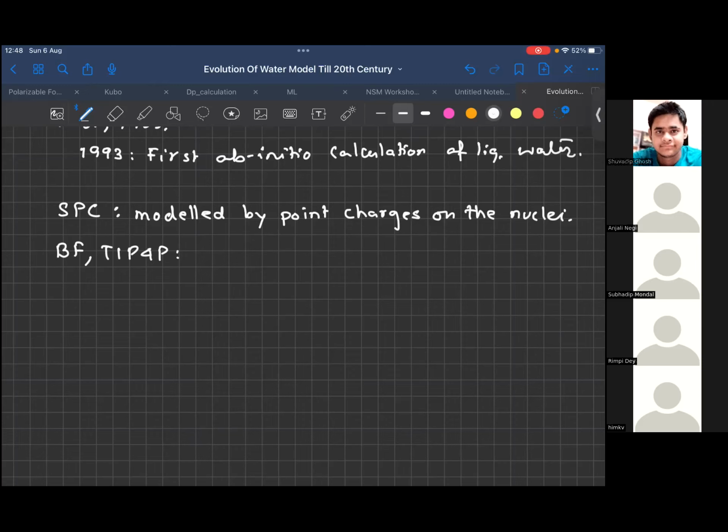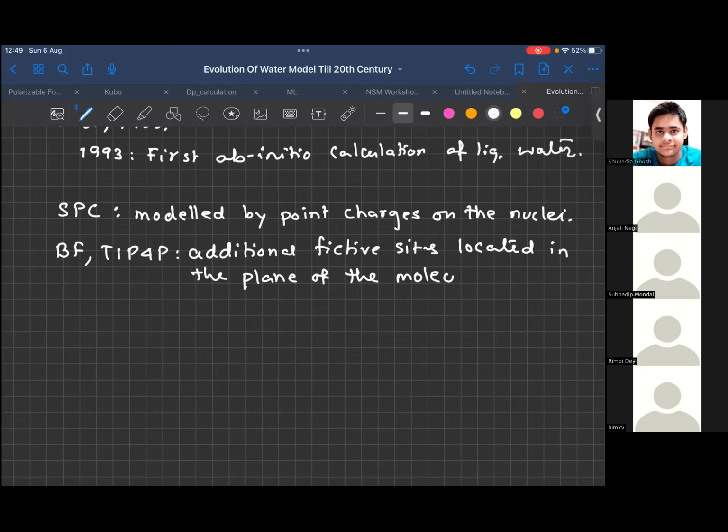In these models, they add fictive sites located in the plane of the molecular frame. And people also tried sites not in the plane of the molecular frame.